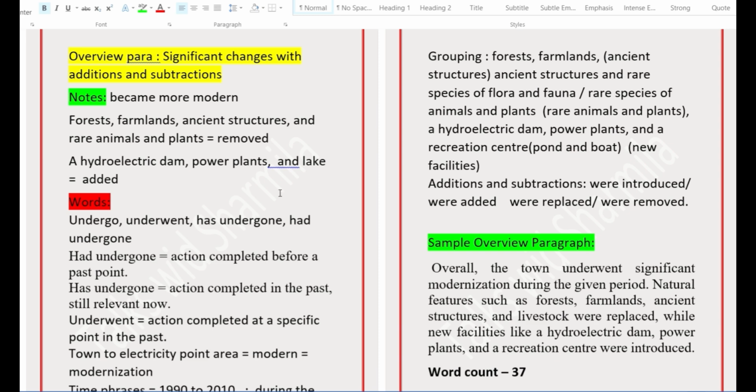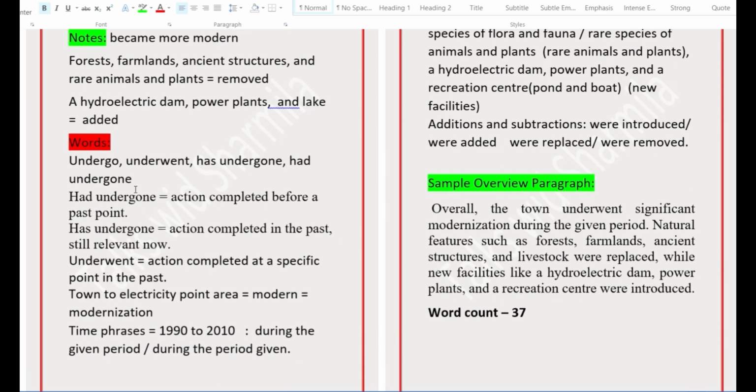Now, after the notes, it is the role of vocabulary. Because the city has changed, try to use the word undergo. The past tense of the word undergo is underwent. In other forms, it can be has undergone or had undergone.